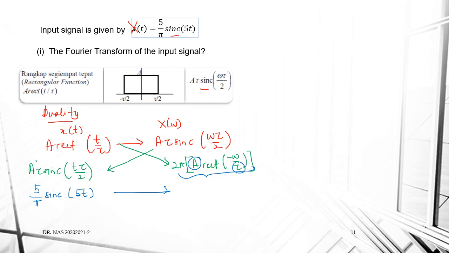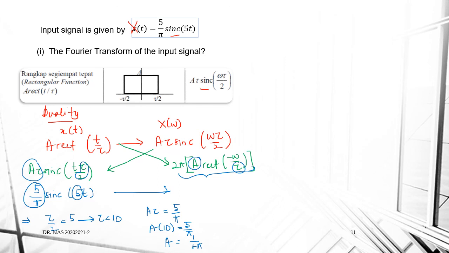From here, A tau equals 5 over pi and tau over 2 equals 5. So tau equals 10. And then A tau equals 5 over pi, therefore A times 10 equals 5 over pi. So you can find A equal to 1 over 2 pi.